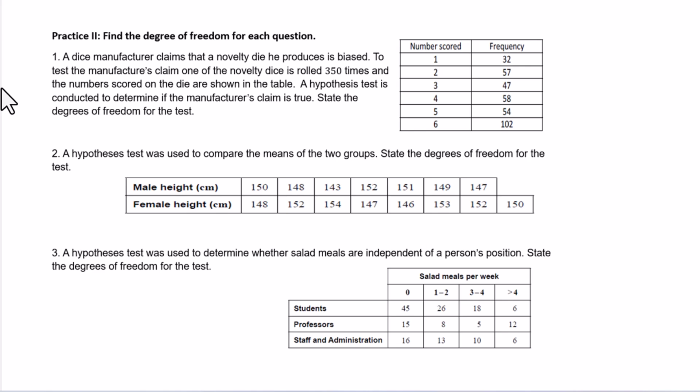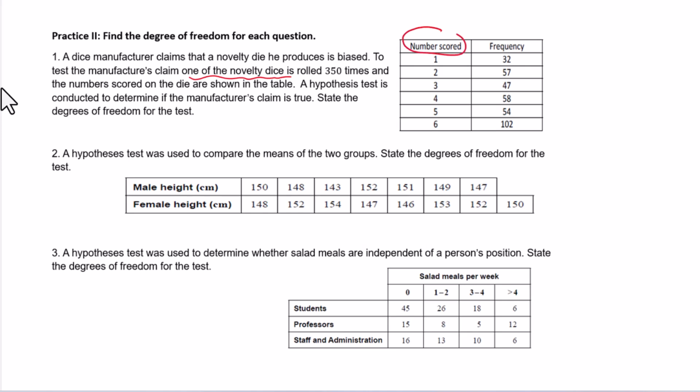To test the manufacturer's claim, one of the novelty dice is rolled 350 times, and the numbers scored on the die are shown in the table. A hypothesis test is conducted to determine if the manufacturer's claim is true. State the degrees of freedom.